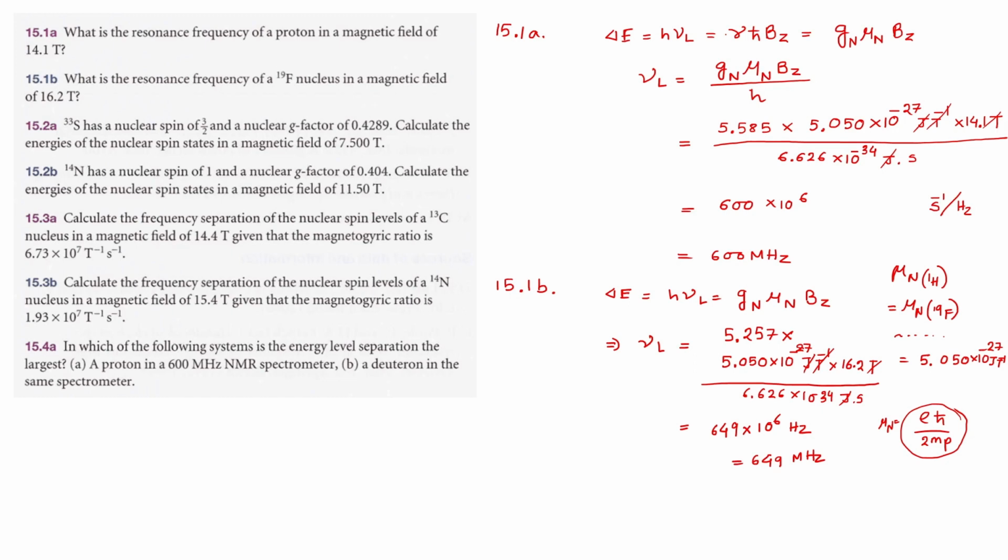Okay. Now let us go to the next question, that is 15.2a. 33S has a nuclear spin of 3 by 2 and a nuclear G factor Gn of 0.4289. Now we have to calculate the energies of the nuclear spin states in a magnetic field of 7.5 Tesla.